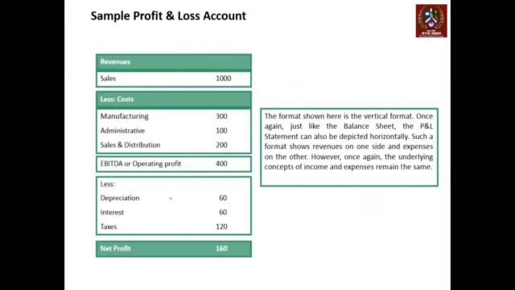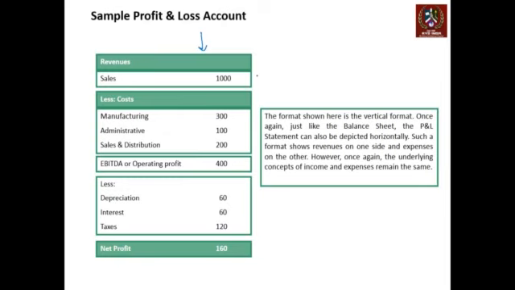Let's look at a sample P&L statement. Typically, you can also show it horizontally, and some geographies show it vertically. Most of the geographies show it vertically like this, top to bottom. Some geographies show it horizontally as well, where revenues are on one side and expenses are on the other side. Concepts remain the same.